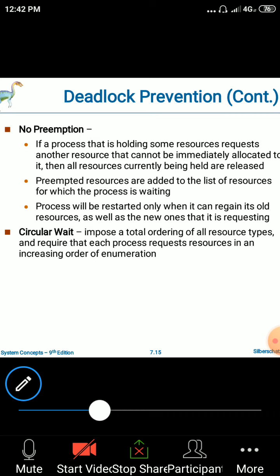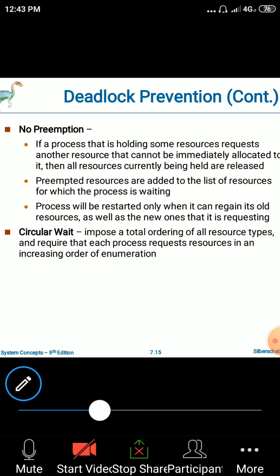P1 is holding R1 and requesting R2, P2 is holding R2 and requesting R3, whereas P3 is holding R3 and requesting R1, which is currently held by P1. This situation is said to be a circular wait. If a circular wait occurs, there is a chance of deadlock. So we can prevent deadlock by avoiding circular wait.